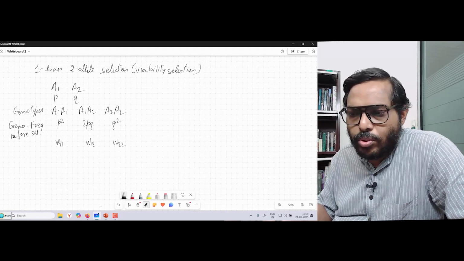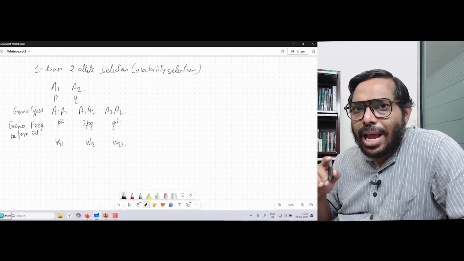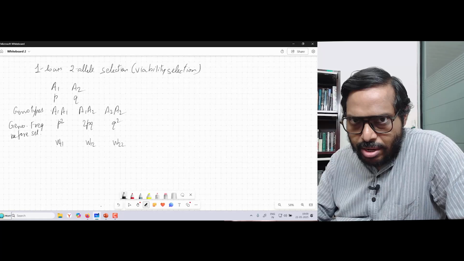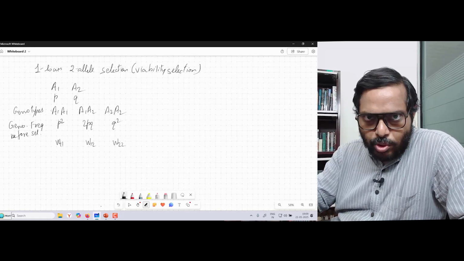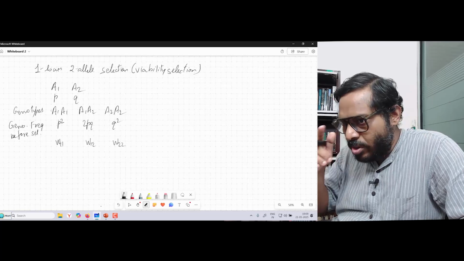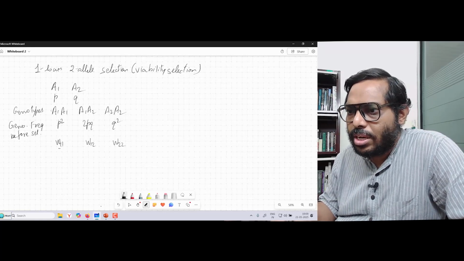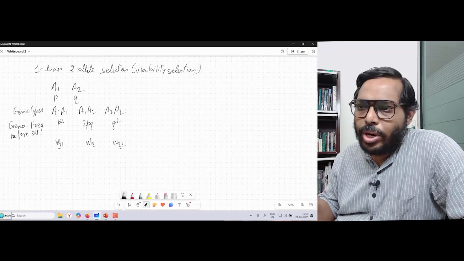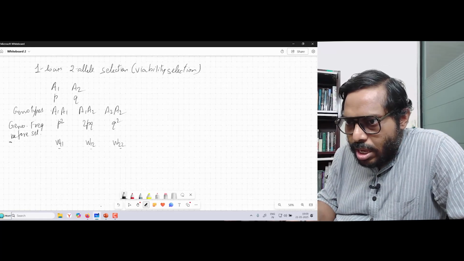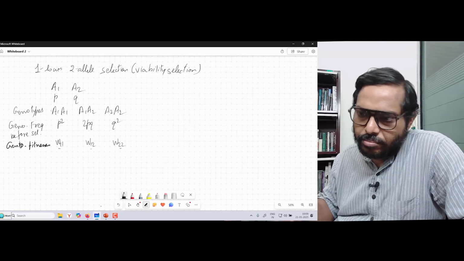W11, W12, W22, and these are the fraction of the genotype that is surviving, right? So the progeny has been born and now they are surviving while going to adulthood, and each genotype has a slightly different survivorship, given by W11, W12 and W22. So these are our genotypic fitnesses, right?